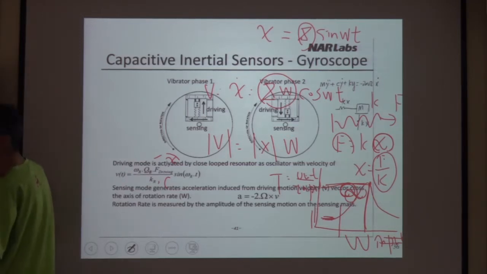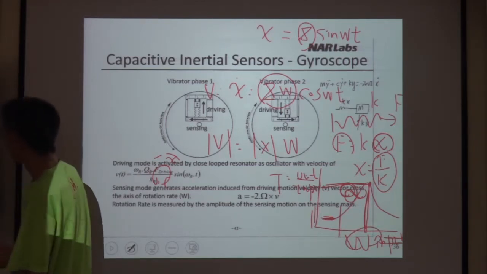So input X, output X, the same. But at resonance frequency, omega r, input X, output is Q times X. So Q times X is the output at resonance frequency.